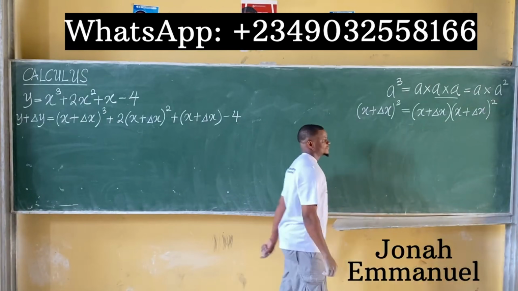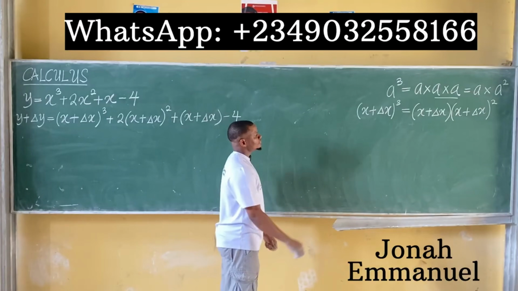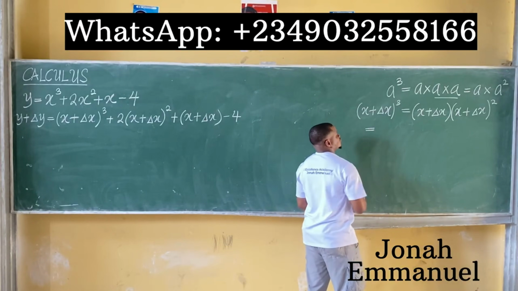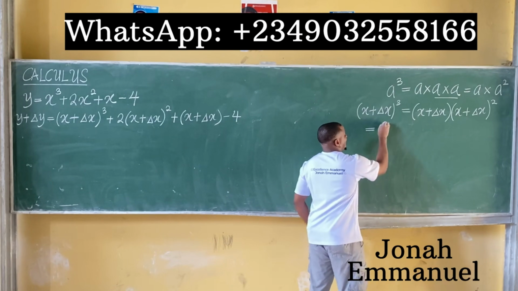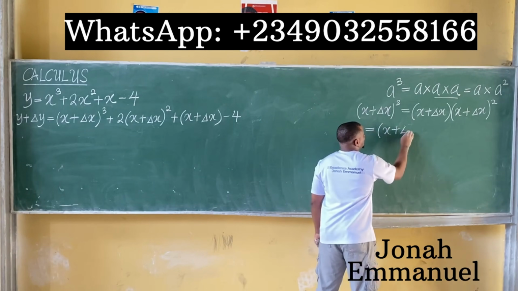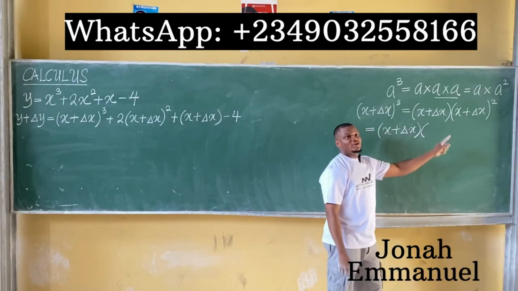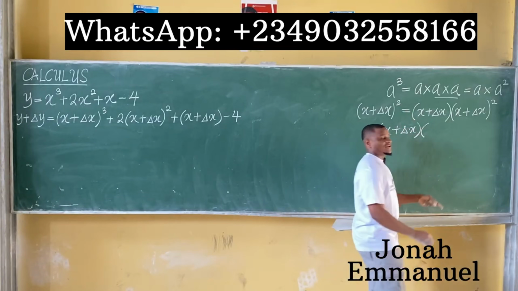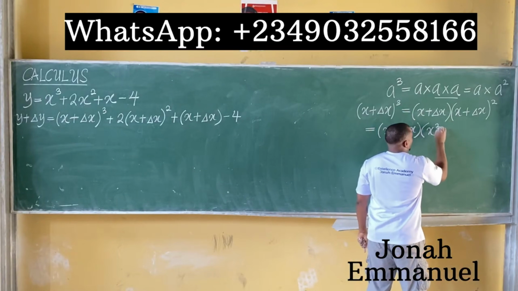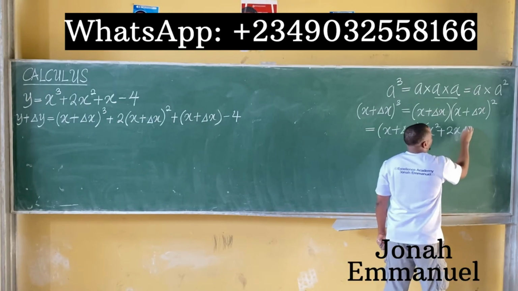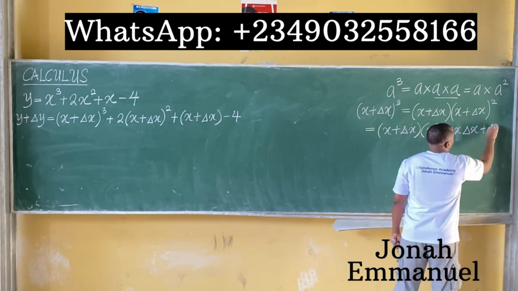Same thing. If this is true, what I have here is x plus change in x. We already got this earlier. Abi, what's the value there? x squared plus 2x change in x plus change in x squared.